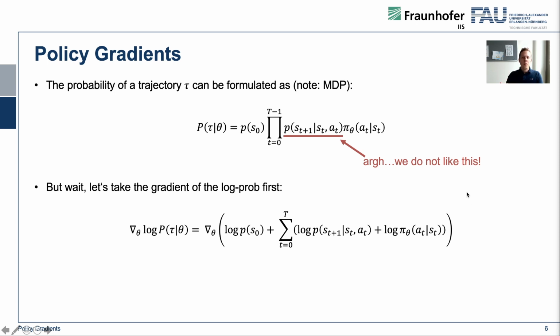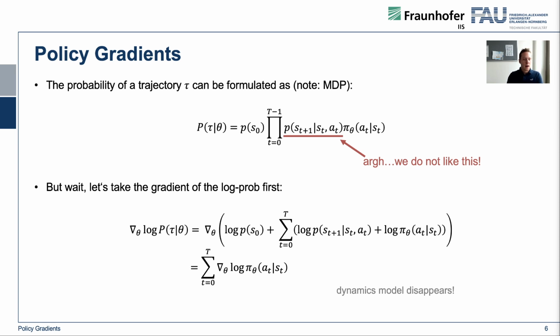What we now want to do is take the gradient of this objective function with respect to theta. And now what you see is that this is quite convenient, because the dynamics model disappears, as it simply does not have a theta in it. If we derive this objective function with respect to theta, the dynamics model disappears, as the dynamics doesn't encode a policy, of course.